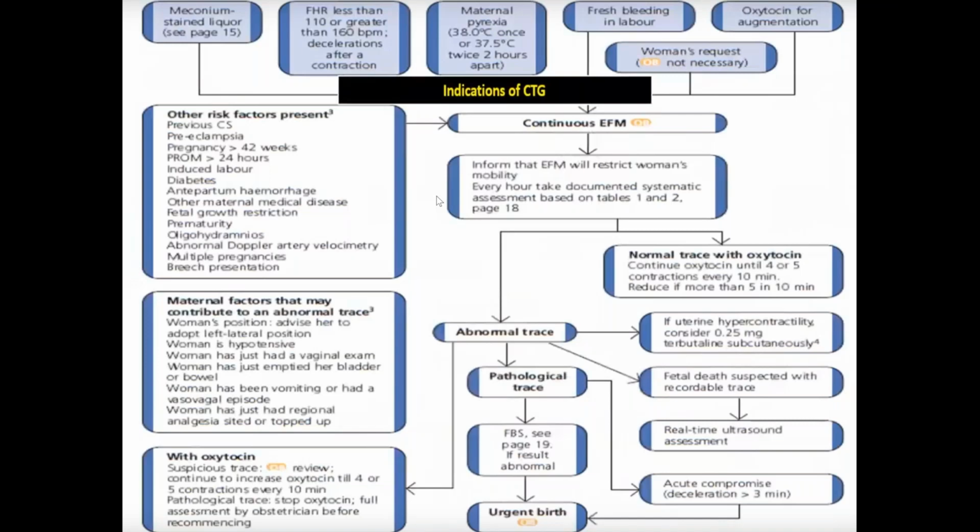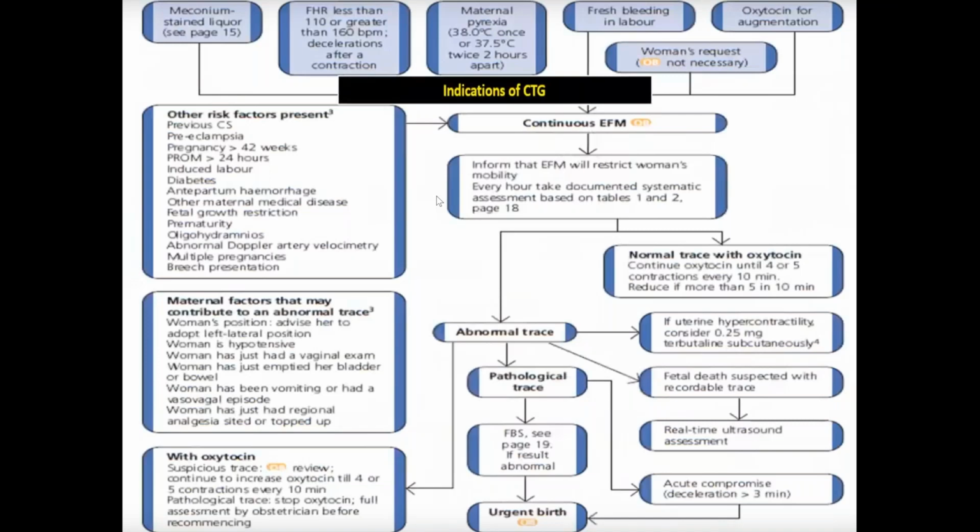Antenatal CTG. What about the gestational age of the patient? Before 28 weeks or after 28 weeks? After 28 weeks. The CTG findings before 28 weeks have problems, because we will discuss later the development of the sympathetic and parasympathetic systems. But the non-stress test is different from intrapartum CTG.